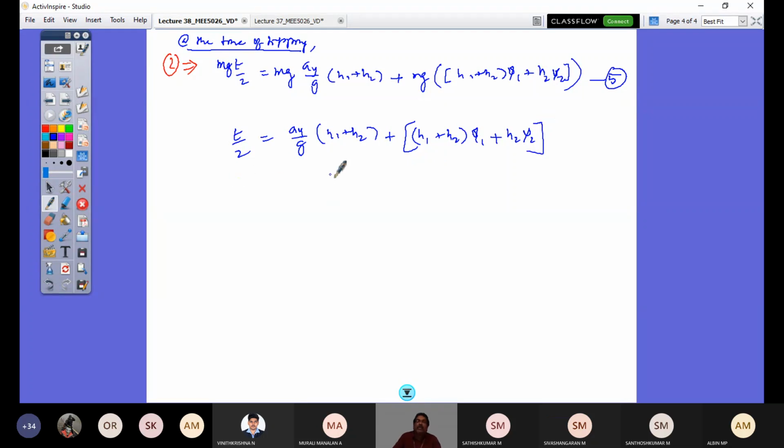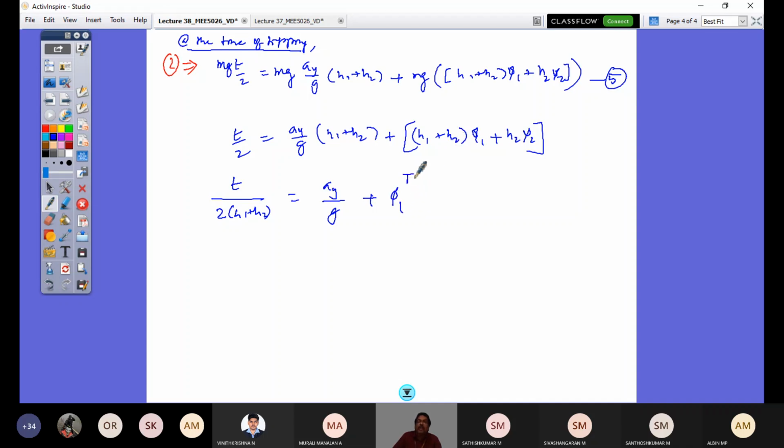Further, I want to bring this h1 plus h2 here: t by 2 into h1 plus h2 on this side, and on the other side ay by g plus phi 1.